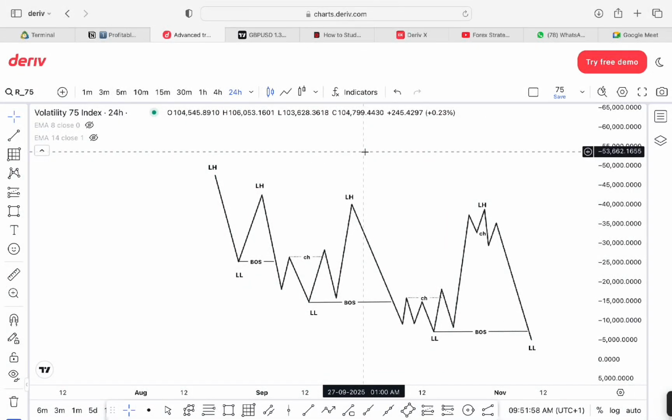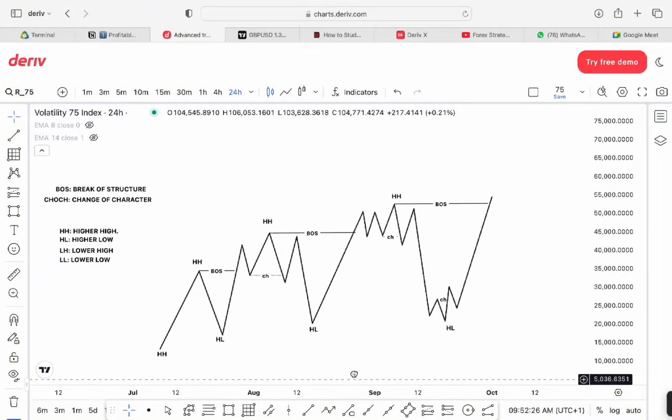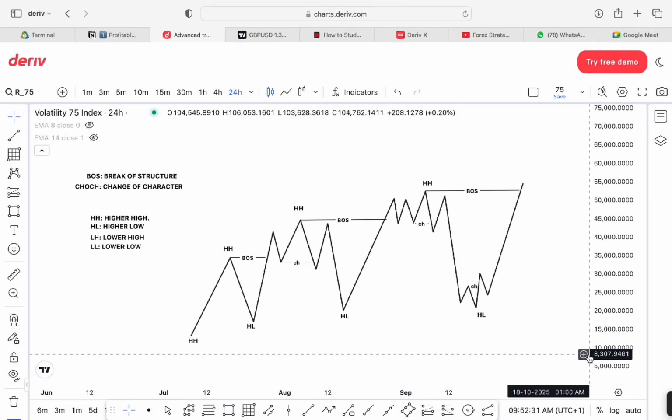It has changed characteristics to emanate into another trend entirely. Like I said, when we are expecting reversals, what helps us to anticipate is the change of character.